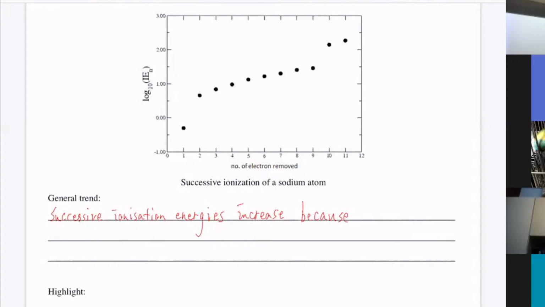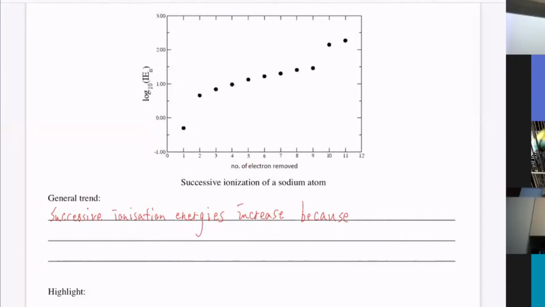Because electrons are negatively charged, they have attraction to the nucleus, which is positively charged. If it needs more energy to overcome that attraction, that means those electrons are getting closer to the nucleus.